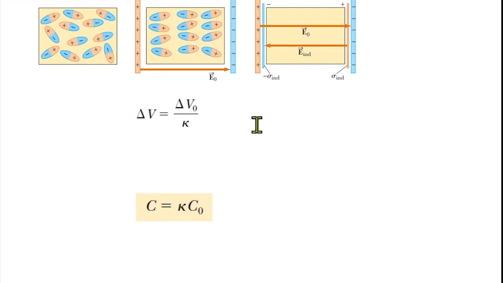Now remember, C is equal to Q over delta V. Now we are going to put this delta V over kappa, which is the constant of the dielectric. How much do you improve the capacitance? So this becomes Q over delta V, and then kappa up here. Good?